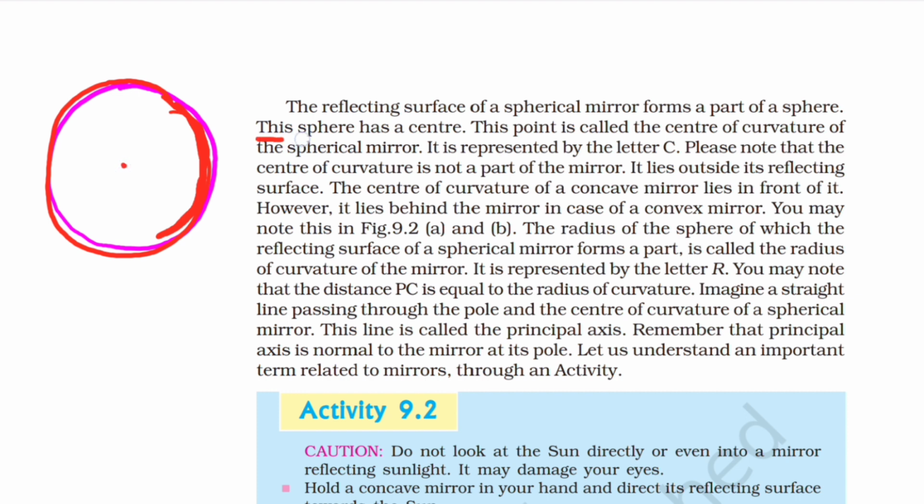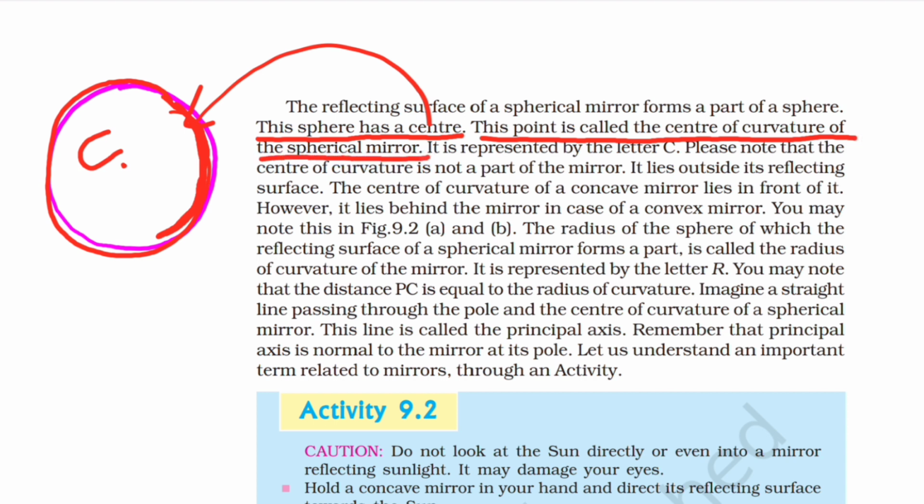This is called C. This point is called the center of curvature of the spherical mirror.